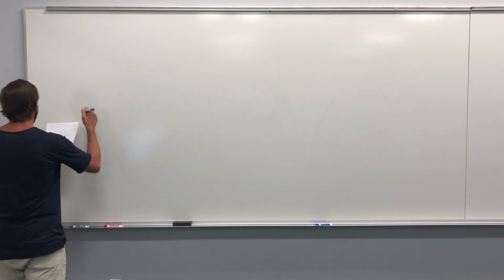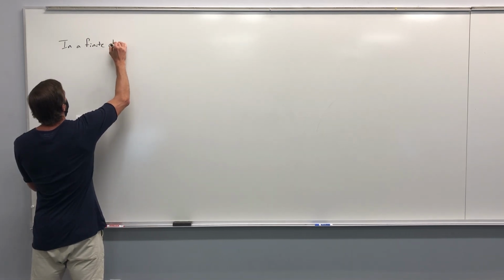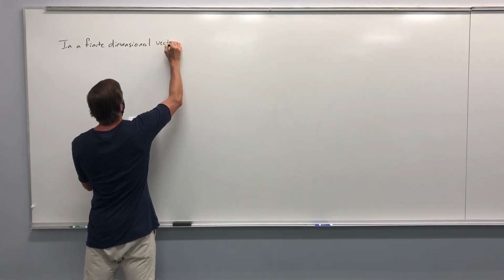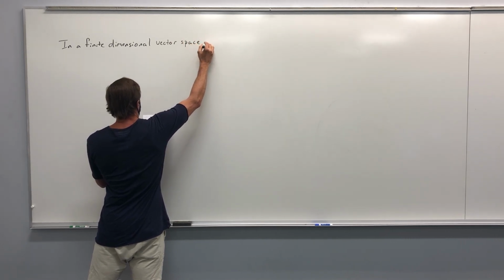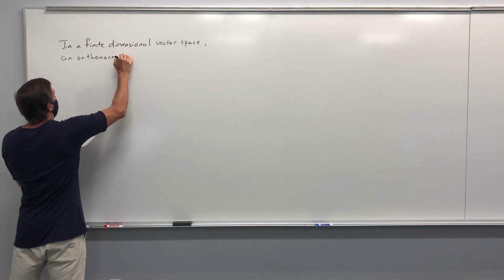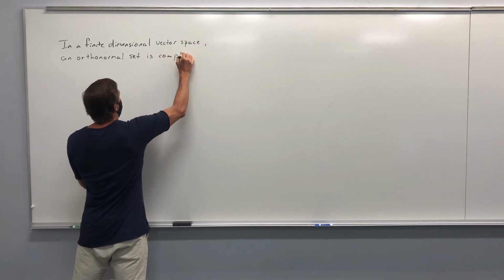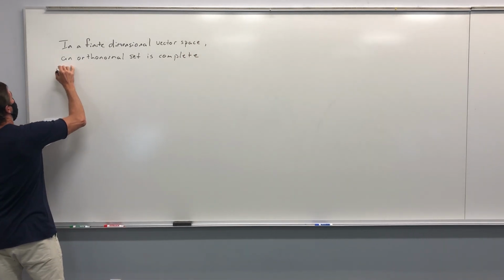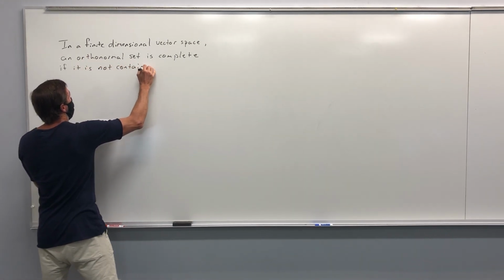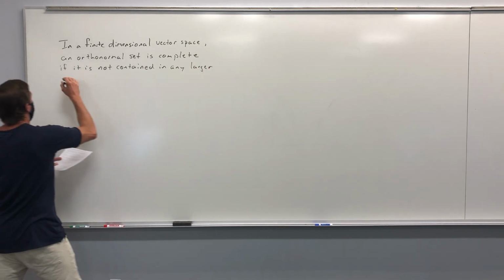Okay, so we'll start with the definition. In a finite dimensional space, and of course I mean vector space when I say space, an orthonormal set is complete if it is not contained in any larger orthonormal set.